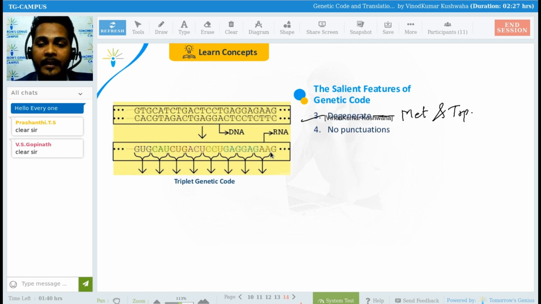So methionine and tryptophan are not degenerate, but except these two, all codes are degenerate.